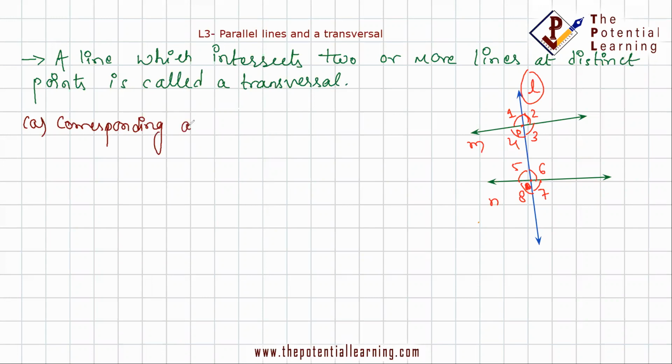Okay, so corresponding angles में क्या क्या पेयर आपको मिल रहे हैं. So first pair is 1 and 5 are corresponding, this one and this one, right? Next is 2 and 6, right? 2 and 6. Okay, this.